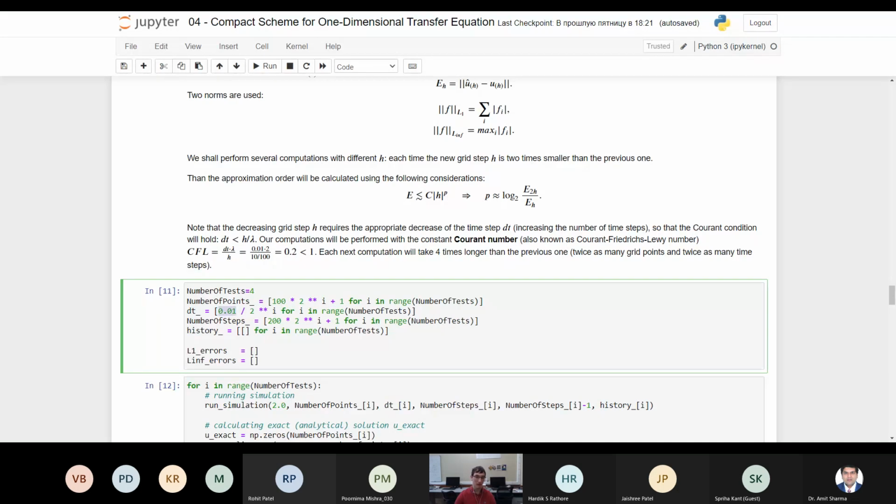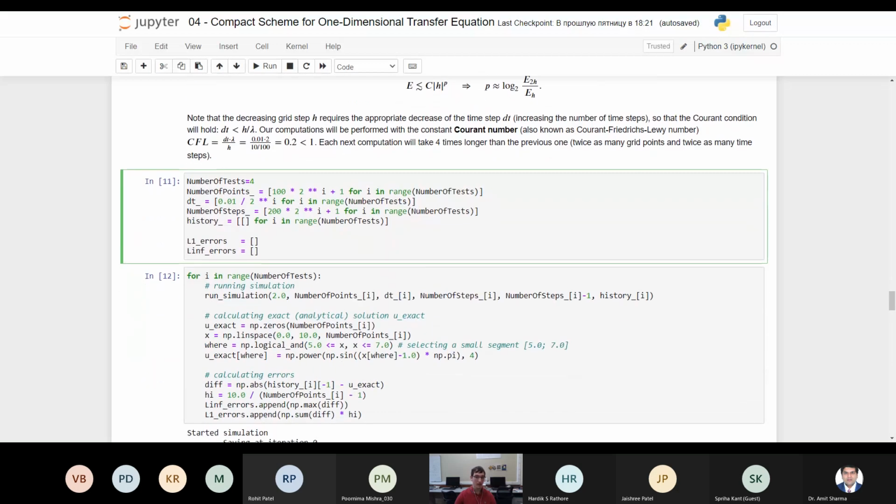The time step will each time be smaller by the factor of 2. Number of steps will also increase each time by the factor of 2. And then we will save the computed errors to these arrays.